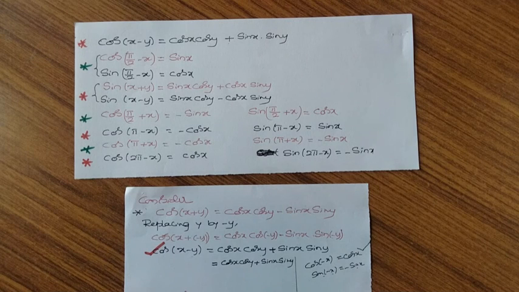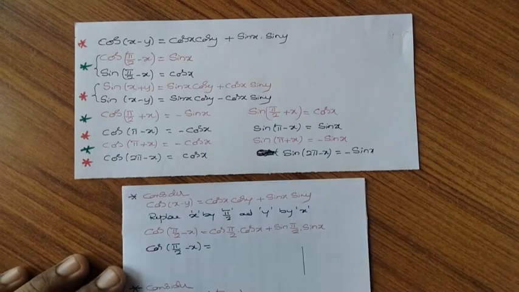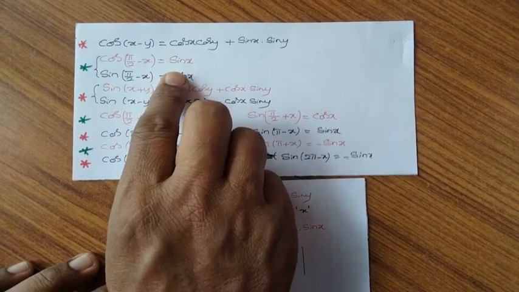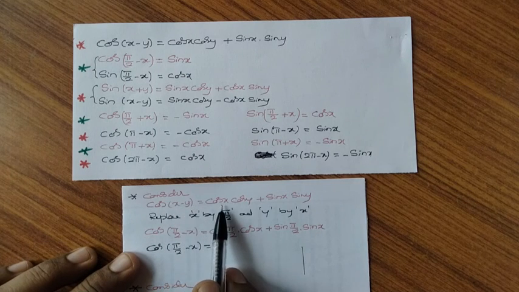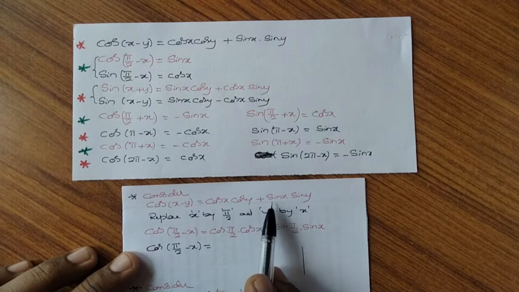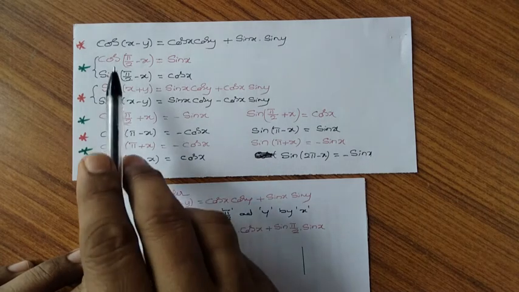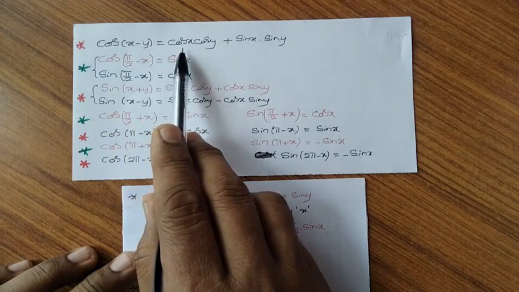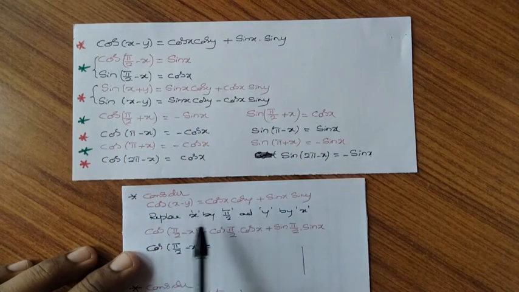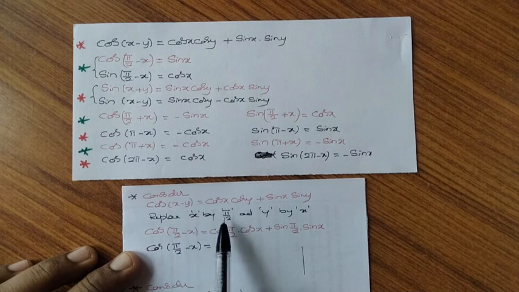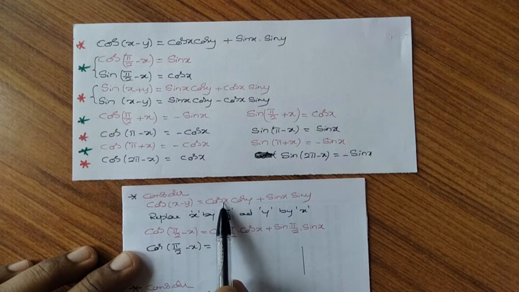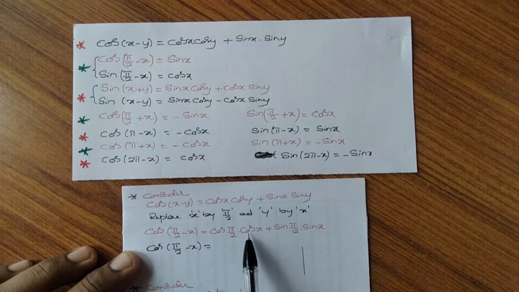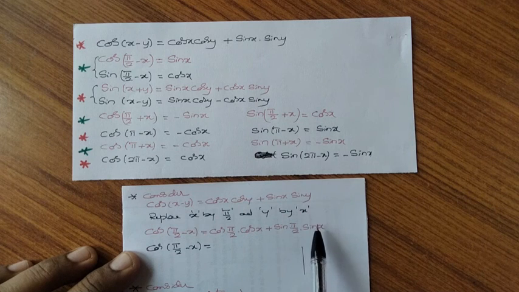Next, let us prove that cos of pi by 2 minus x equals sin x. To prove this we consider cos of x minus y equals cos x cos y plus sin x sin y. Just now we have proved that. Here replace x by pi by 2, y by x. So this becomes cos of pi by 2 minus x equals cos pi by 2 cos x plus sin pi by 2 sin x.